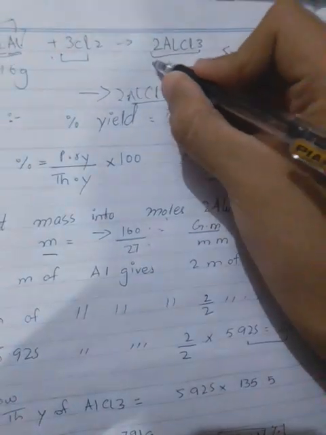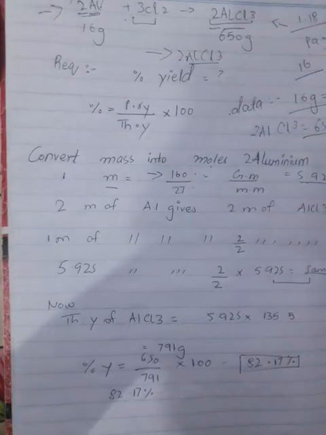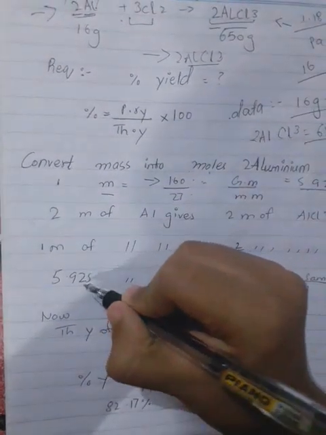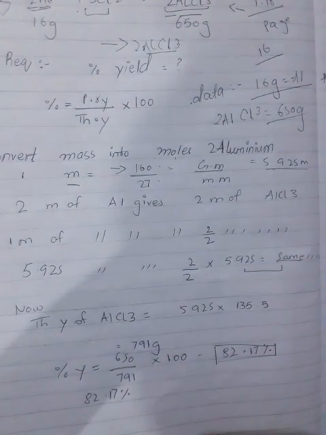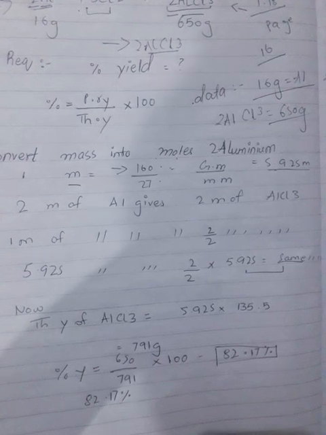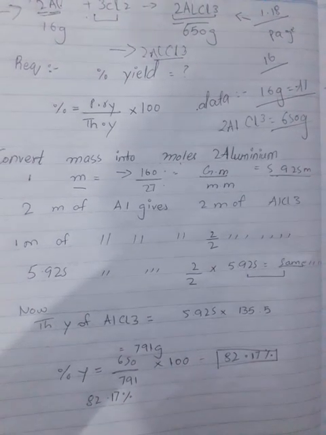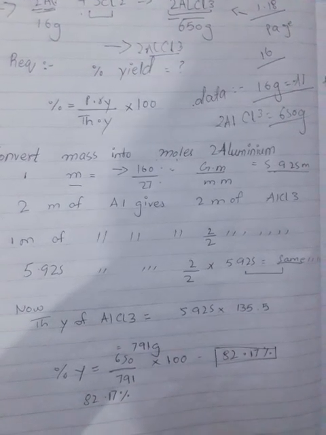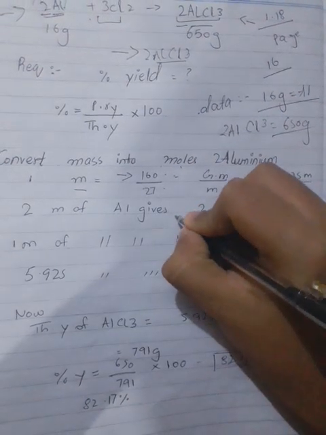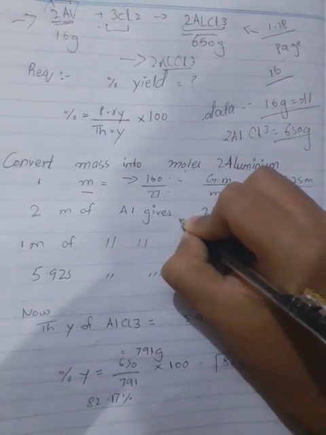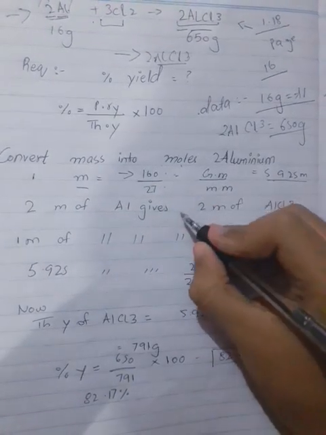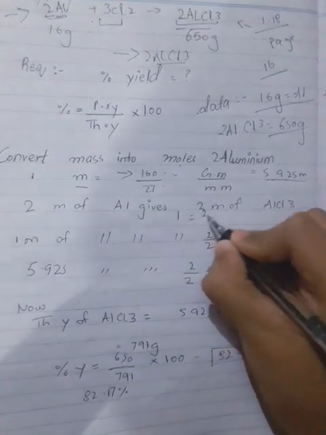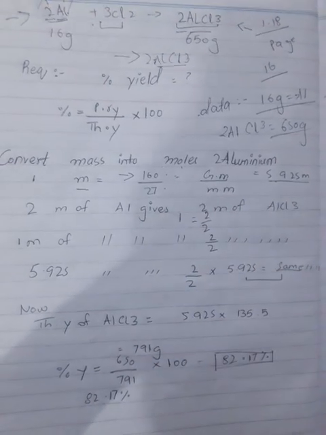Now, if 2 moles of aluminium give 2 moles of aluminium chloride, then what value will 5.925 moles give us for aluminium chloride? For doing that, we can simply halve out the two. If 2 moles of aluminium give 2 moles of aluminium chloride, then 1 mole will give 2 upon 2 moles of aluminum chloride.